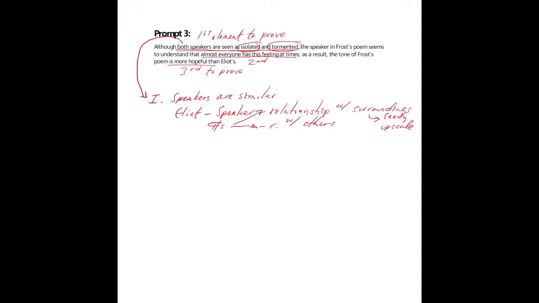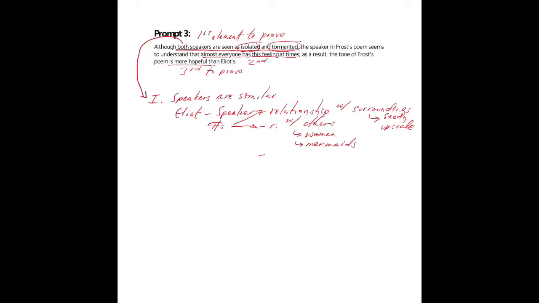The relationship that the speaker has with others, that could be a couple paragraphs. Maybe it's the women, definitely. Maybe it's the mermaids too at the end. Maybe that's something you want to look at.